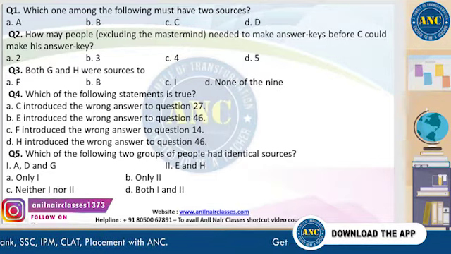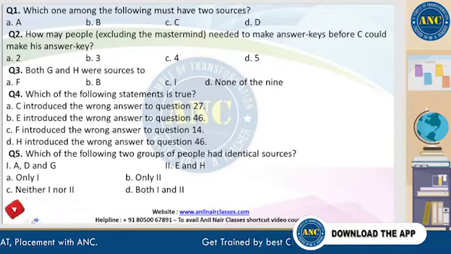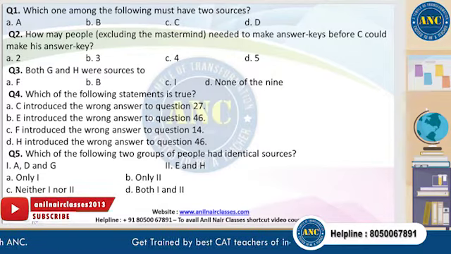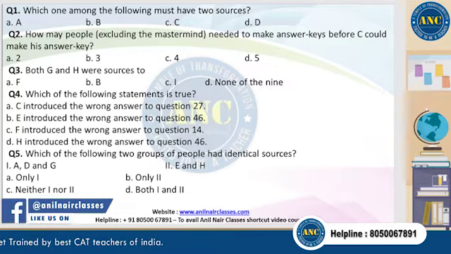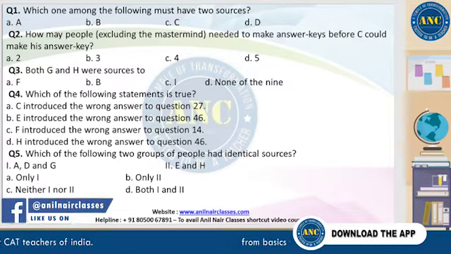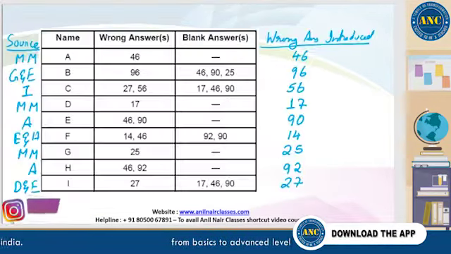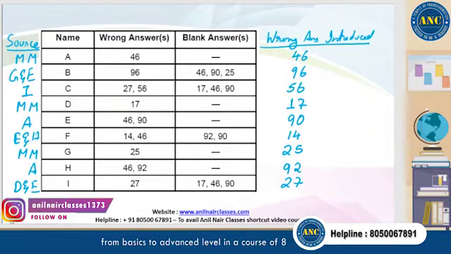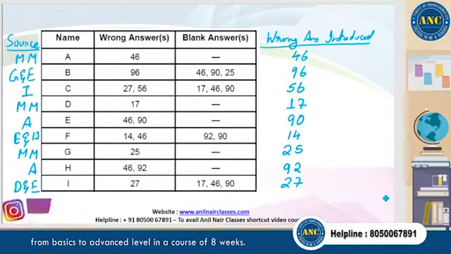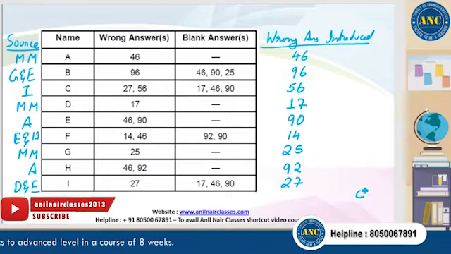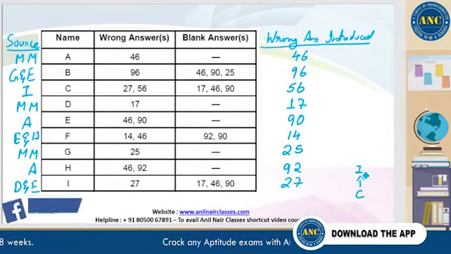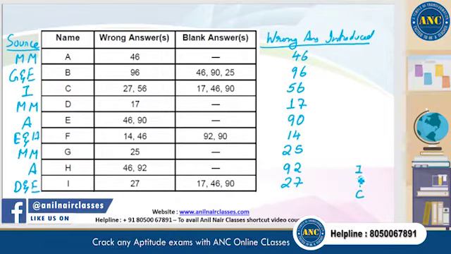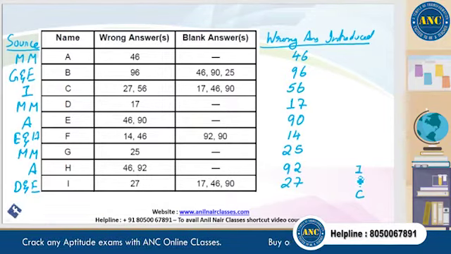The next one asks how many people, excluding the mastermind, needed to make answer keys before C could make his answer key. Now this will require some effort. C made the answer key only after I had done the answer key.